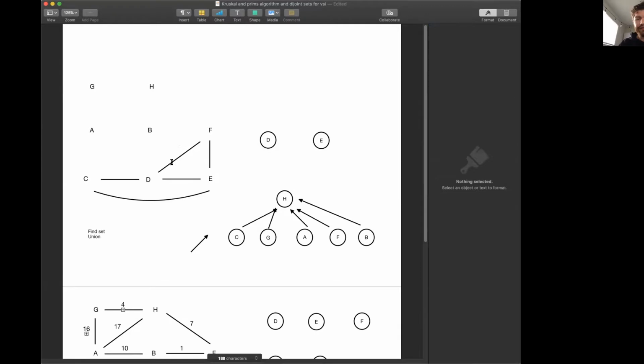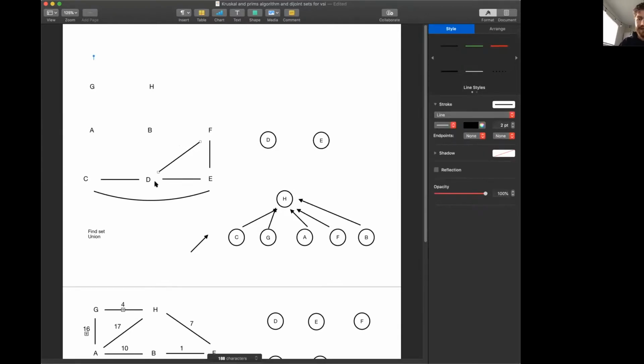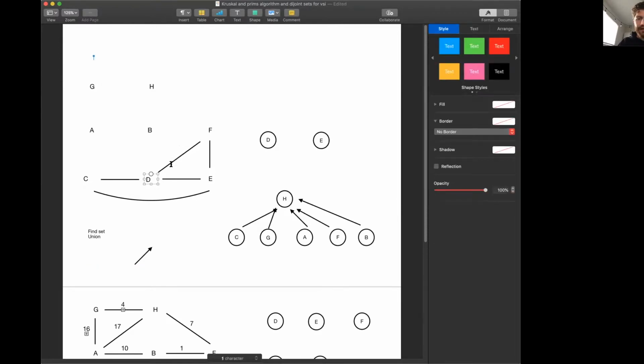I have DF. Now this one's going to change stuff a little bit. I call find set on D, and it should return itself because it is in the disjoint set of D. Then I call find set on F, and that should give me H, because F is in the disjoint set of H. I union them, I bring the smaller one to the bigger one.